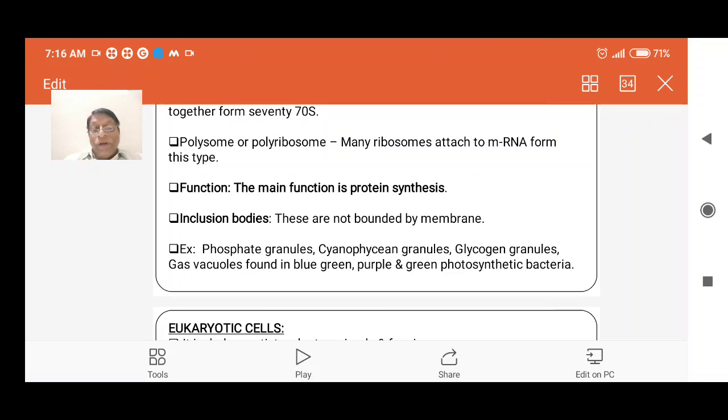The reserve materials are nothing but inclusion bodies. These are not surrounded by any membrane and lie free in the cytoplasm.